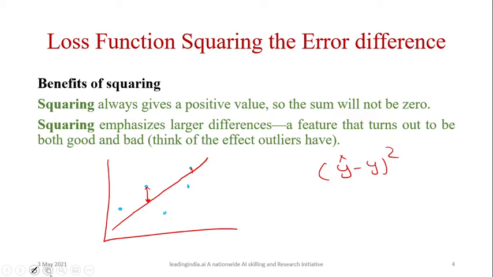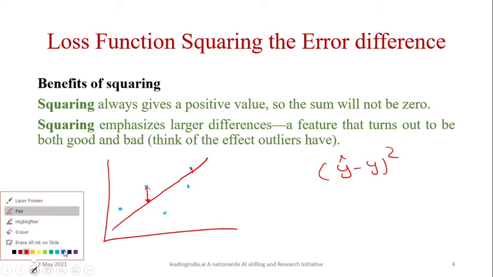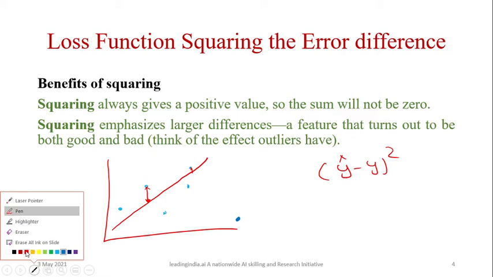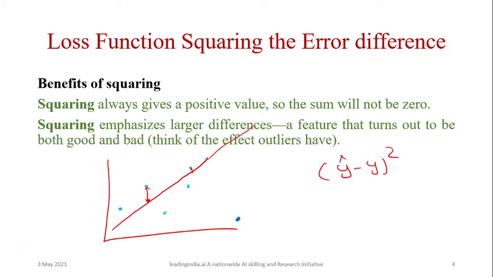So let me assume one more data point here. Let's say my data point is somewhere here, and this is your outlier. Let me extend this line further. Due to this outlier, your squared value will become very high.